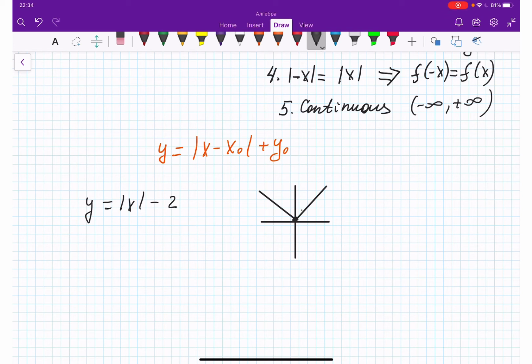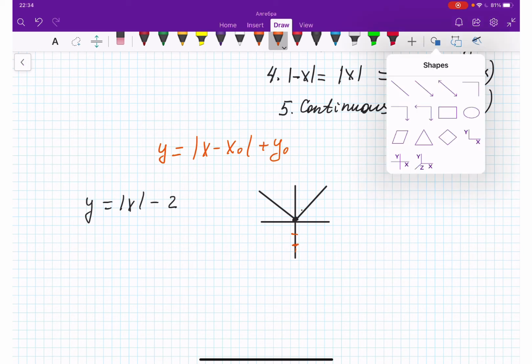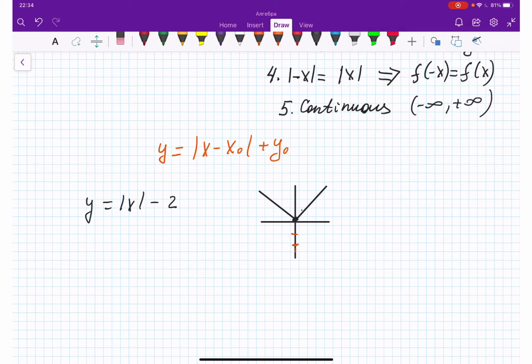Then minus 2 is going to shift it down by 2 points. Let's say this is 1, and this is 2. So this one is absolute value of x, and this one is going to be absolute value of x minus 2.